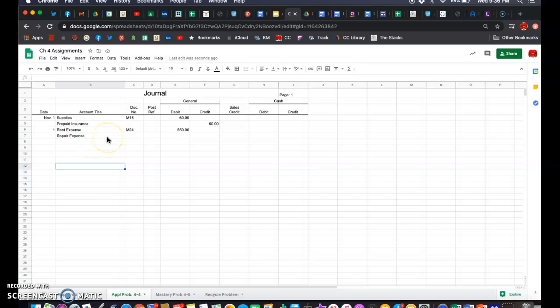So in order to decrease repair expense, we need a credit. So this would be the one time that you would actually have a credit for an expense. It doesn't happen very often. Most of the time would be just as a correcting entry, okay?